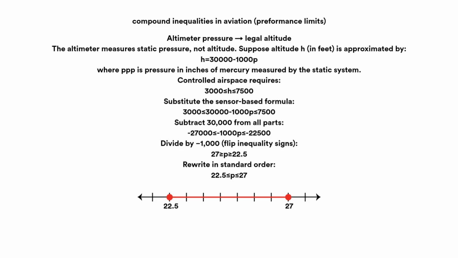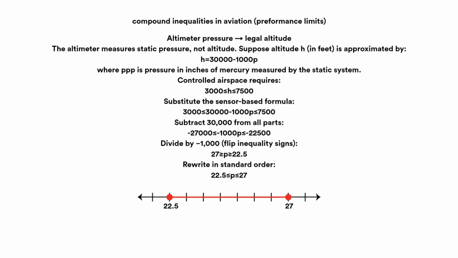Since the altimeter measures static pressure, not altitude, suppose H is approximated by H equals 30,000 minus 1,000P, where P is pressure in inches of mercury measured by the static system. Controlled airspace requires this much, as stated previously, and when you substitute everything in, it becomes 3,000 is smaller than or equal to 30,000 minus 1,000P, which is smaller than or equal to 7,500.